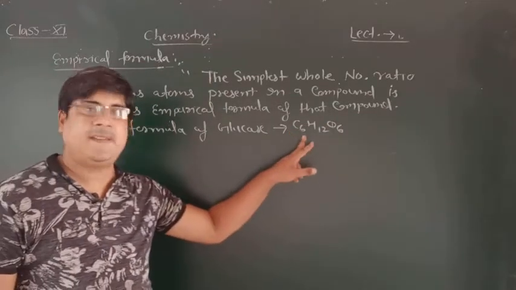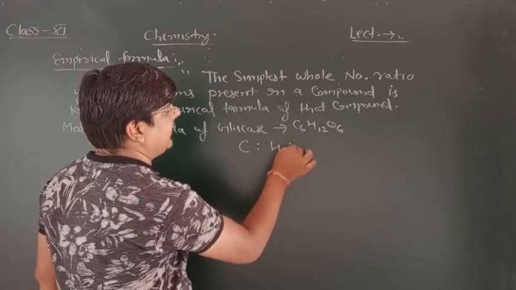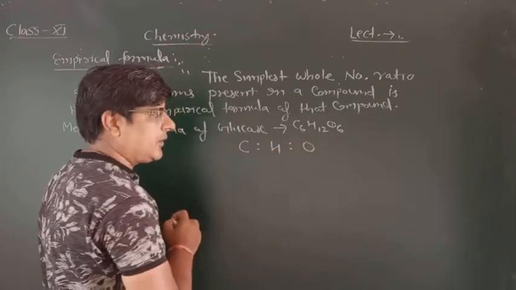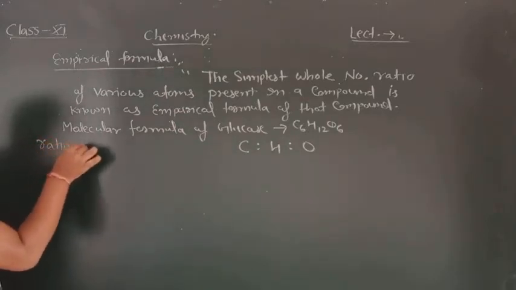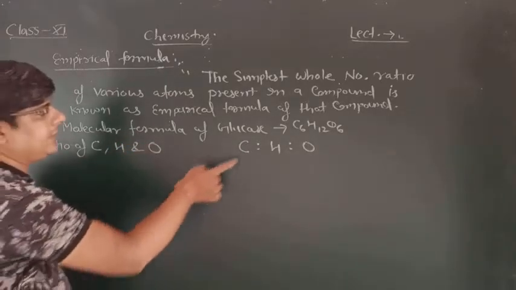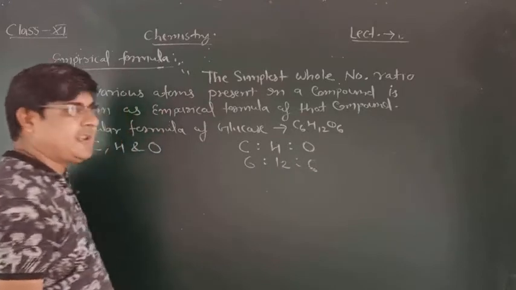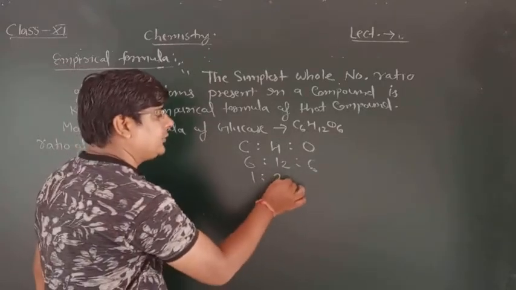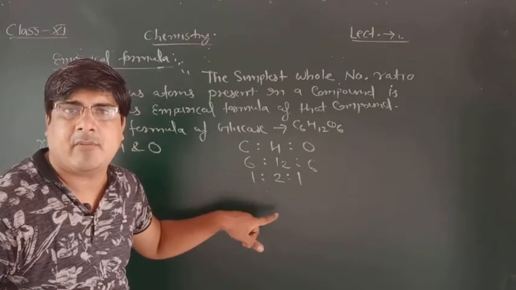Here carbon is 6. The ratio of carbon, hydrogen and oxygen is 6, 12 and 6, and the simplest ratio will be 1 to 2 to 1. This is not the empirical formula, this is only the ratio of numbers.